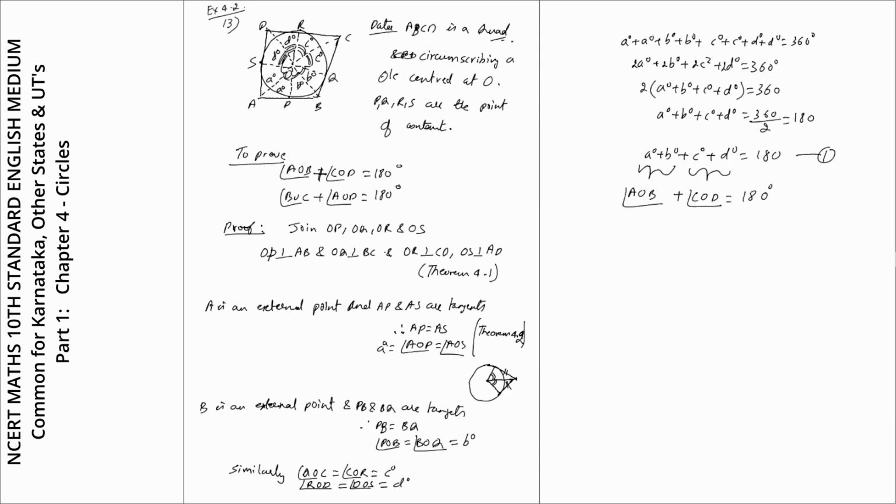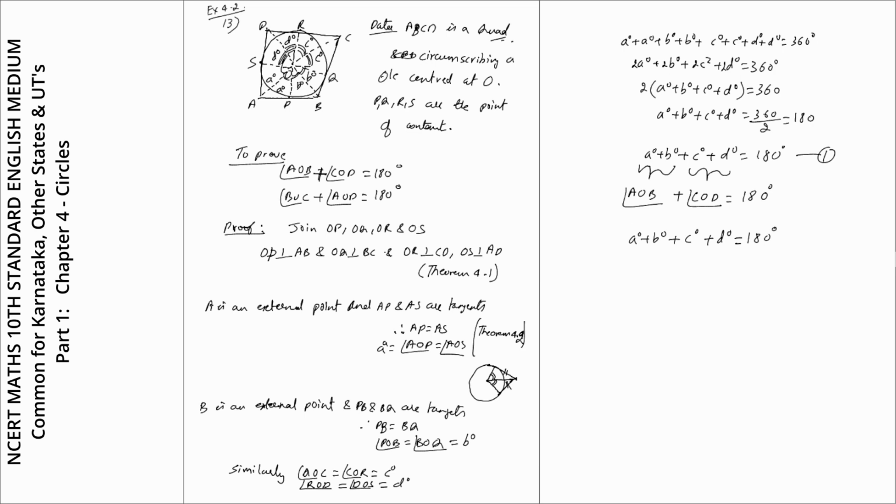What does it mean? The angles subtended by the opposite sides AB and CD add up to 180 degrees. I'll write the equation once again: A degrees plus B degrees plus C degrees plus D degrees is equal to 180.